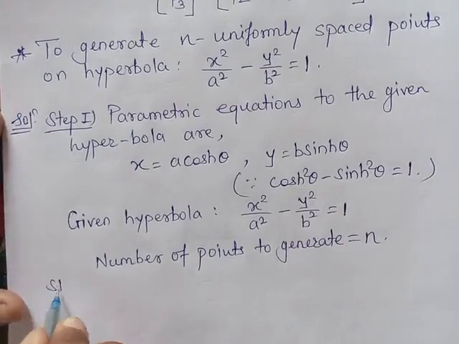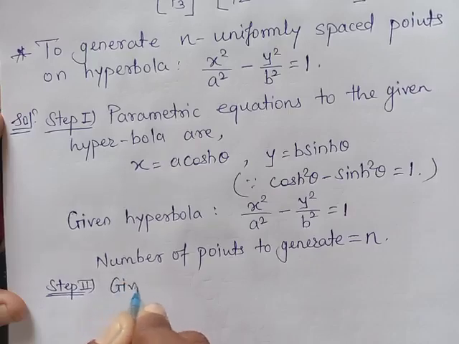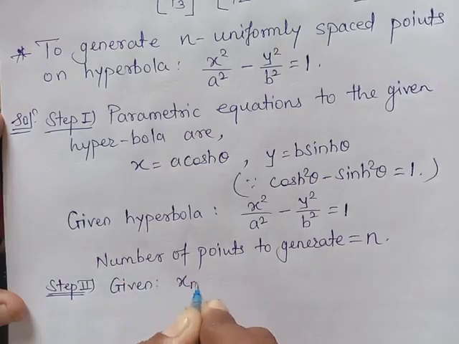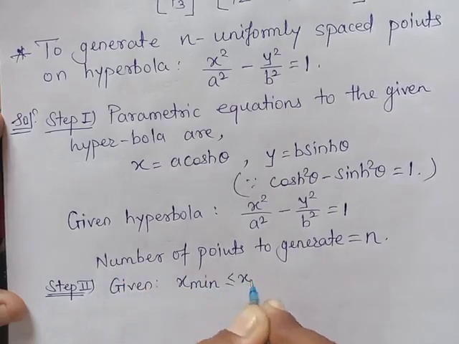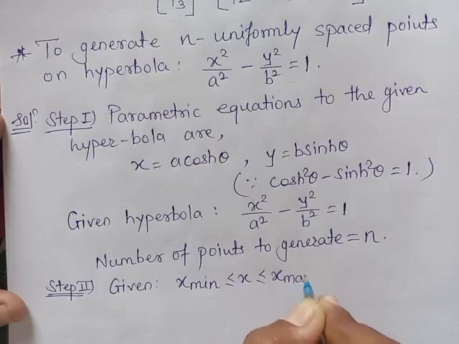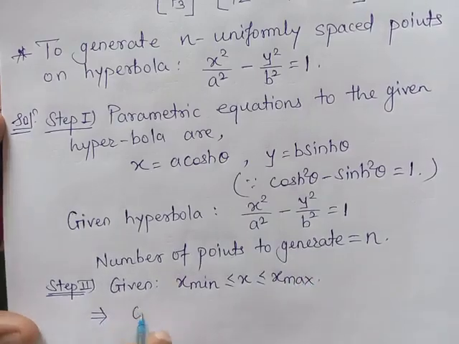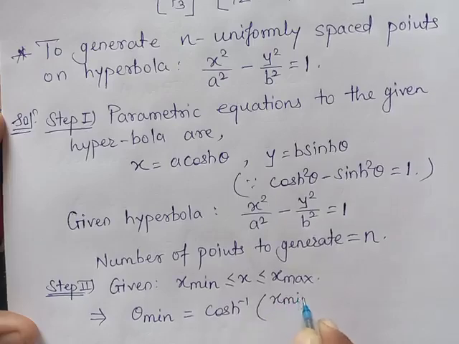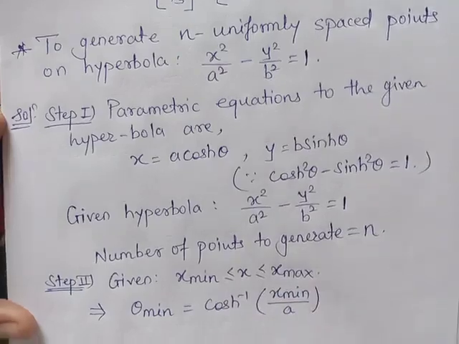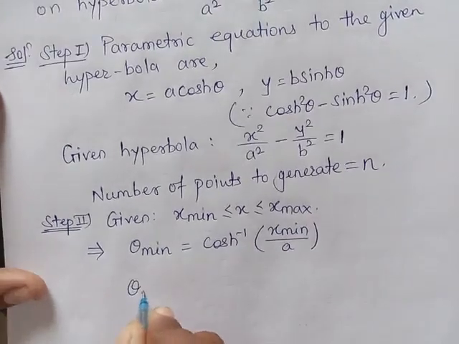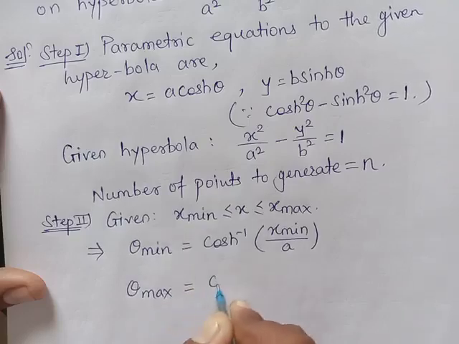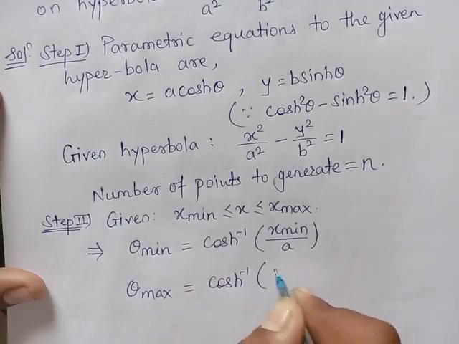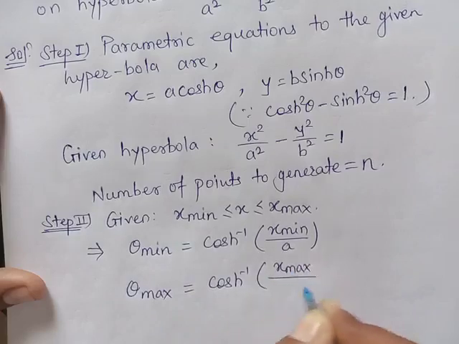Now step 2. Suppose a range of x is given, x minimum and x maximum. This gives theta minimum as cos hyperbolic inverse of x minimum upon a, and theta maximum is cos hyperbolic inverse of x maximum upon a.